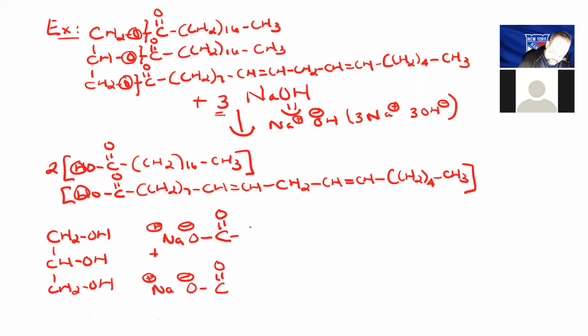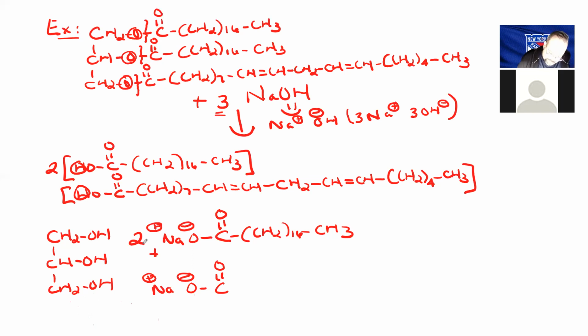Now, for two of them, after the C double bond O carbon, I have CH2 16 times in a row, and then I have CH3. You could draw that twice, or out in front of it, just put a 2. And that would indicate to really anybody looking at it that you have 2 of those fatty acid salts here.